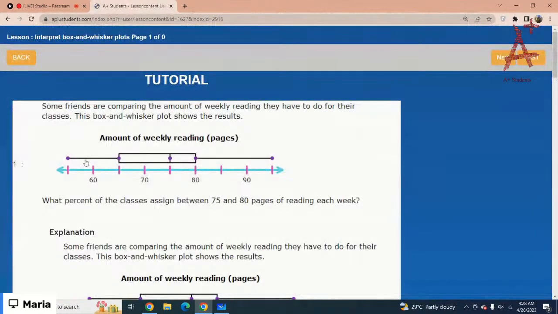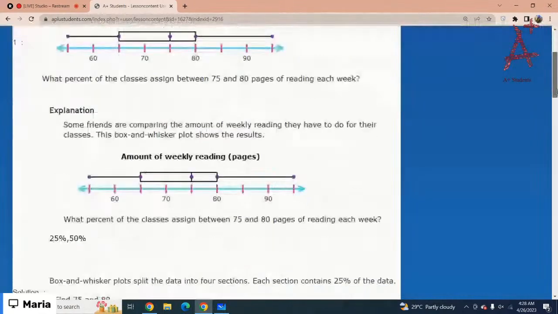Okay, some friends are comparing the amount of weekly reading they have to do for their classes. This box and whisker plot shows the result. What percent of the classes assign between 75 and 80 pages of reading each week? Here is from 75 to 80.